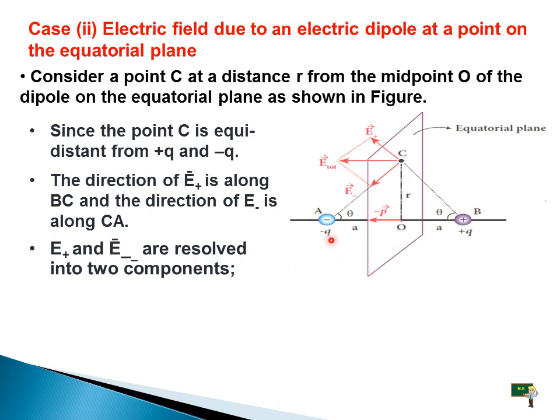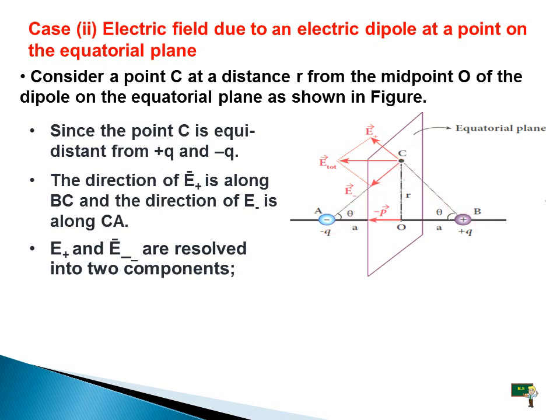Already in the first case, the axial line, we had A here with minus Q and B here with plus Q, but there we moved along the x axis, whereas here we have to move along the y axis, that means perpendicular to the axis. Since C is equidistant from A and B, plus Q and minus Q, can you see?